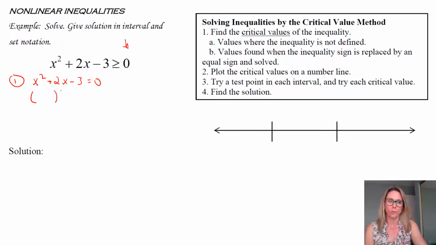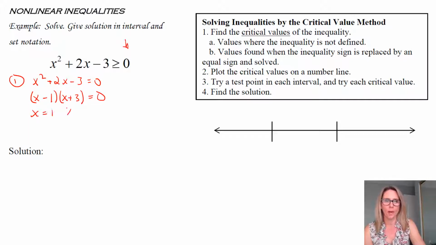Because of all the work we've done with quadratics, the first thing I'm going to do is try and factor this. So you can go ahead and try that. Not too much happening here with that 3 and with the coefficient of the x squared term being 1, but it does in fact give us x equals 1, x equals negative 3.